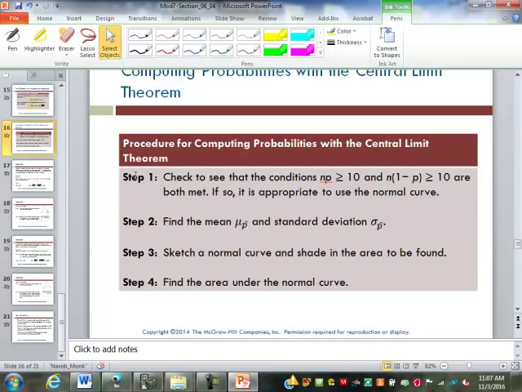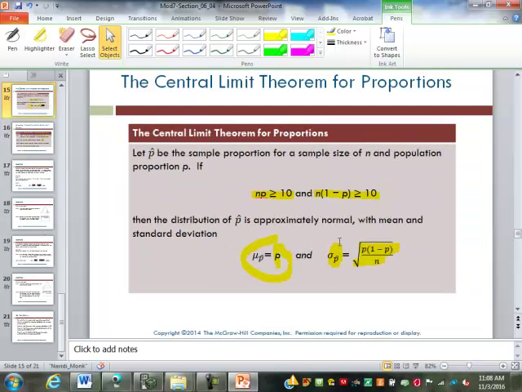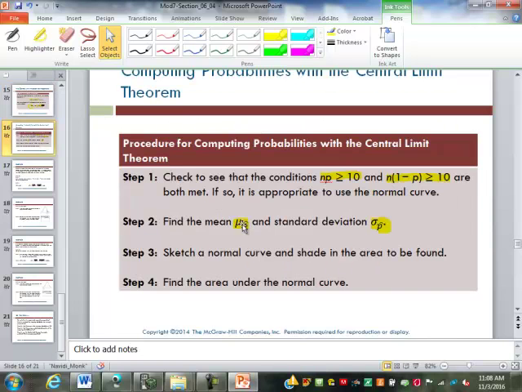So again, our procedure for finding probabilities: check that we can use the central limit theorem, making sure that np and n times 1 minus p are both at least 10. Find the mean of the sample proportions and the standard deviation of the sample proportions, again using those formulas that we just saw. Next, sketch the curve and shade in the area to be found, and then find that area using the calculator or the tables.